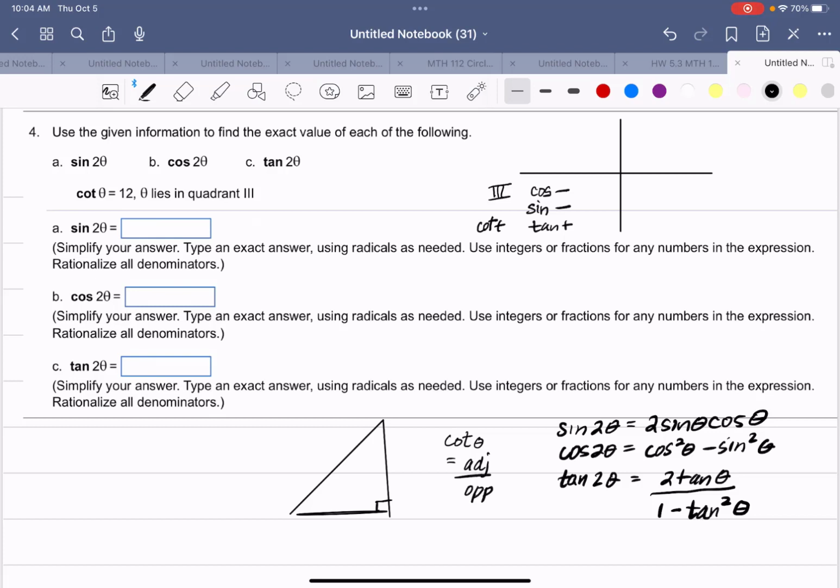So just flip over the tangent. And we know that the cotangent of theta is 12. So they give us 12 over 1. So my adjacent to theta is 12, and my opposite is a 1.